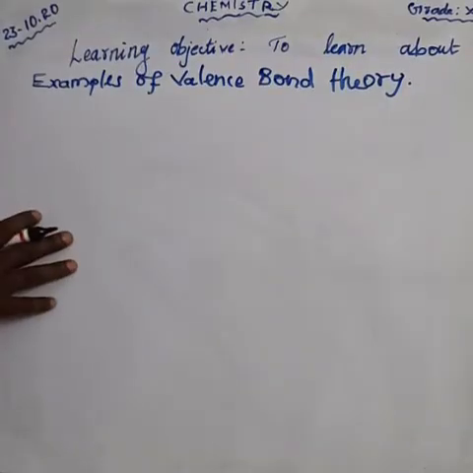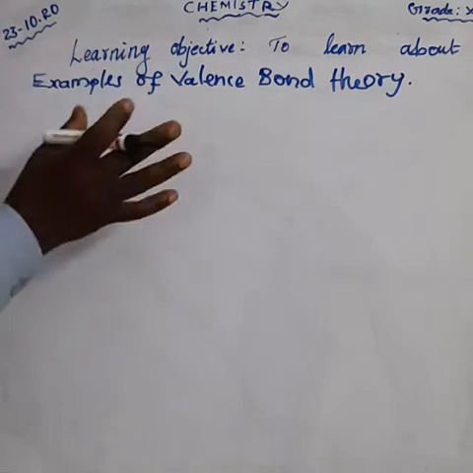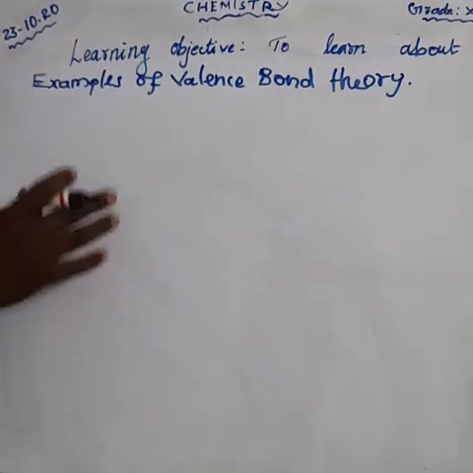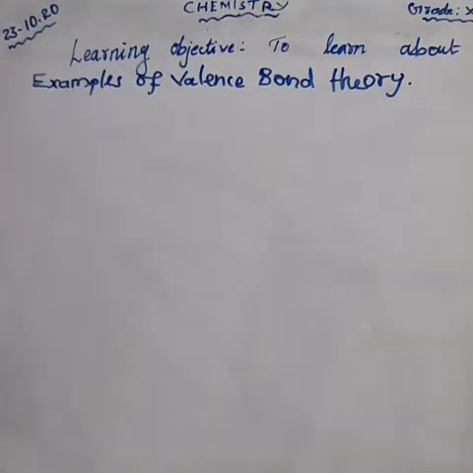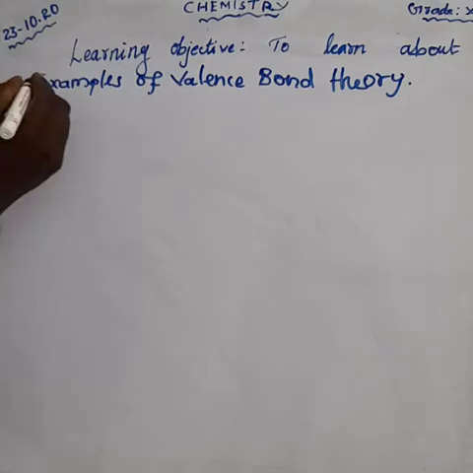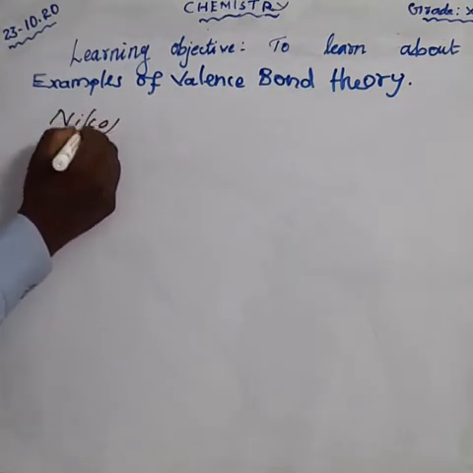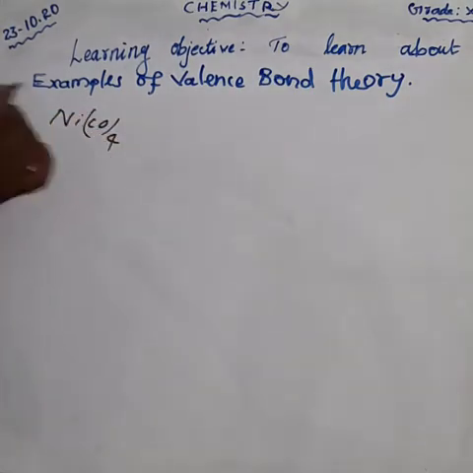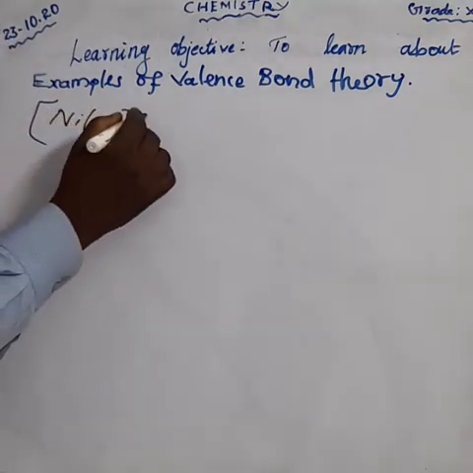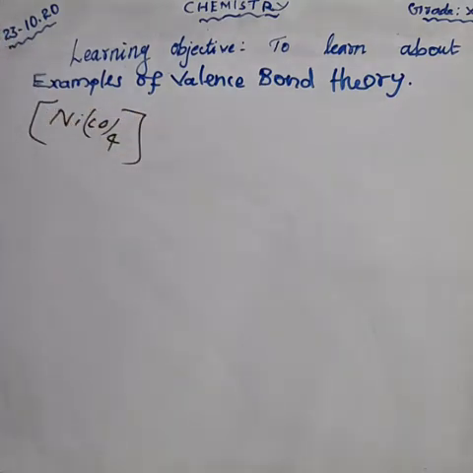Okay, let us begin to discuss the examples, the applications of VB theory. We are taking some complexes. This one is Ni(CO)4, nickel tetracarbonyl.